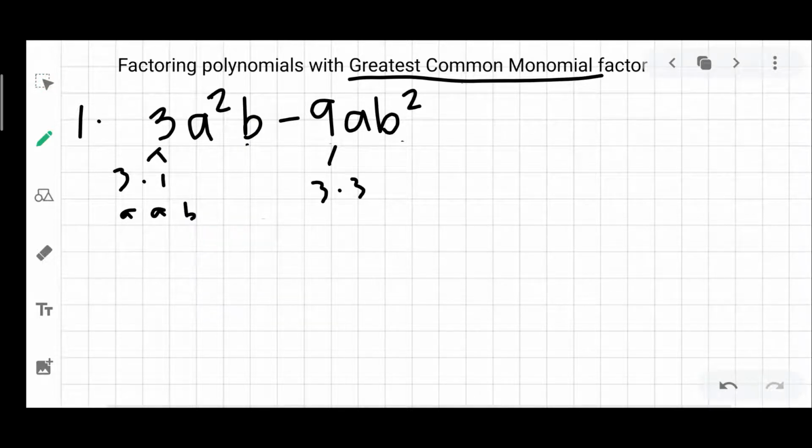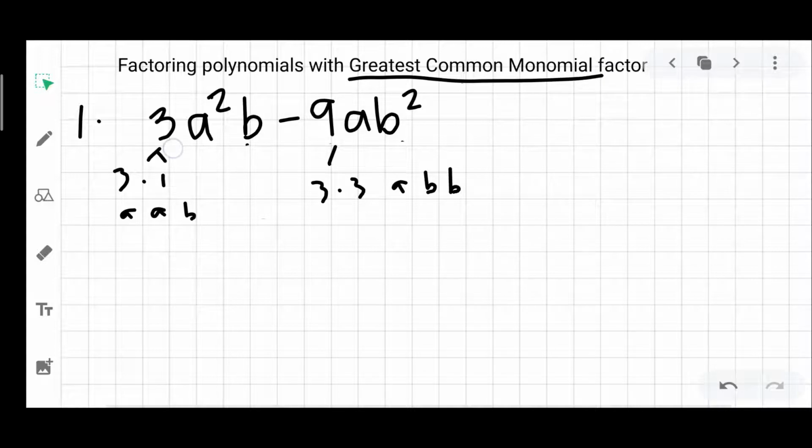Next is, para naman dito sa negative 9ab squared, we have 1a, isang a, at dalawang b. So basically, ito yung naghahati sa dalawa, kasi this is the first term and this is the second term. So ngayon bibilugan natin yung pinagkaparehas nila na factors.